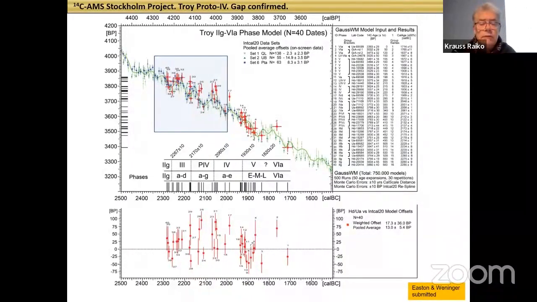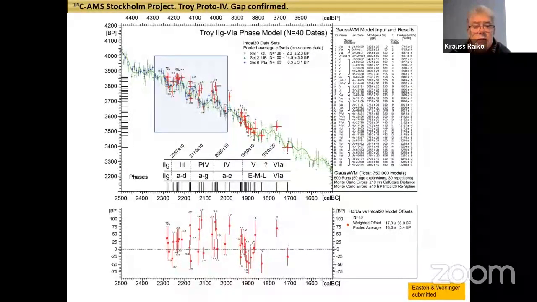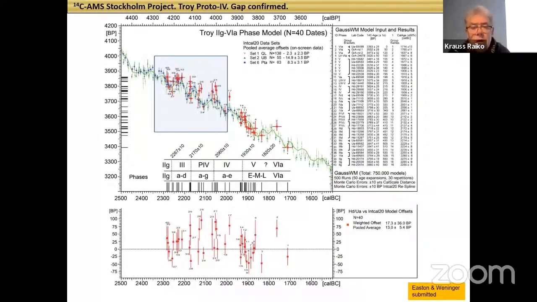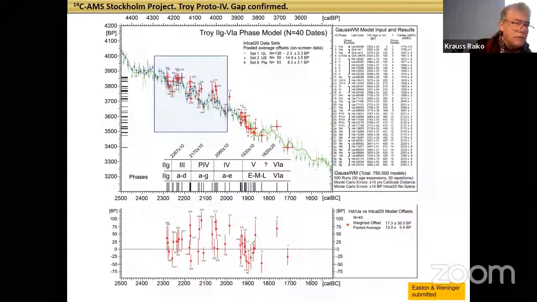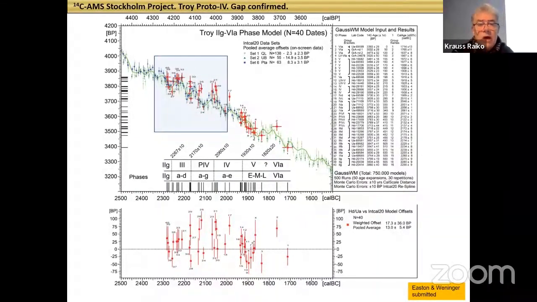So I can tell you, for example, the Queen's Laboratory data. In this window, there's 138 measurements, and on statistical average, they're 2.3 BP, either above or below. 0.1 BP is 1 month, so we have radiocarbon months as well, if you want. And so set 2 has -15. Set 6 has 8.3. It's just the statistical deviations.